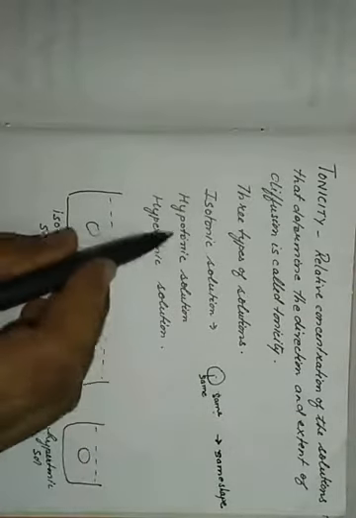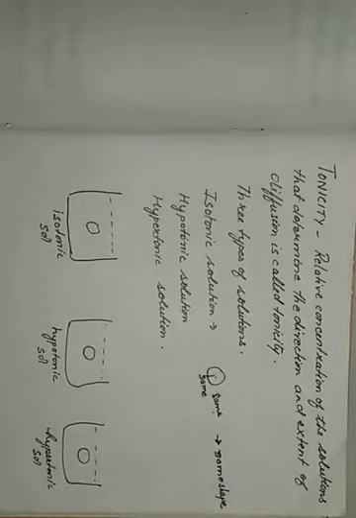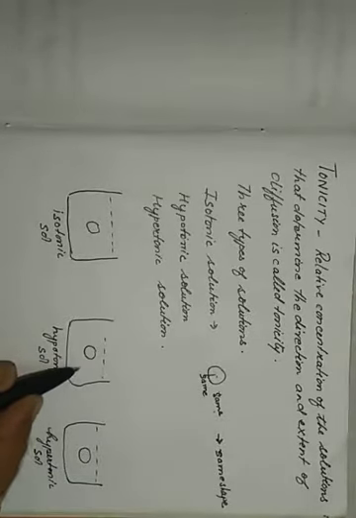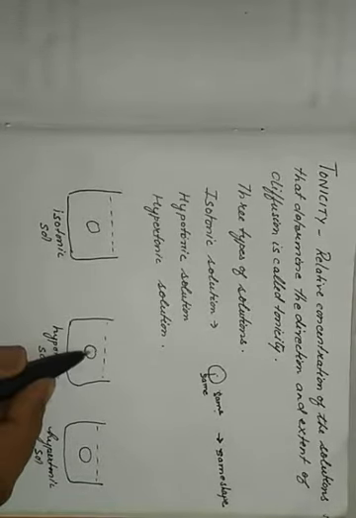Now, let's take what a hypotonic solution is. What happens in a hypotonic solution? Let us take this diagram. The solution outside the cell has higher solvent concentration but lower solute concentration than the fluid inside the cell.